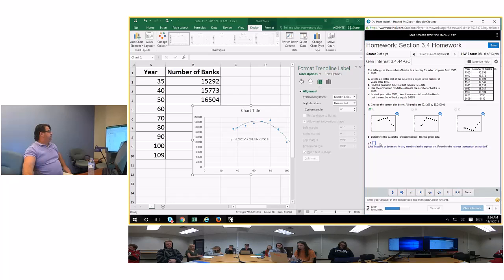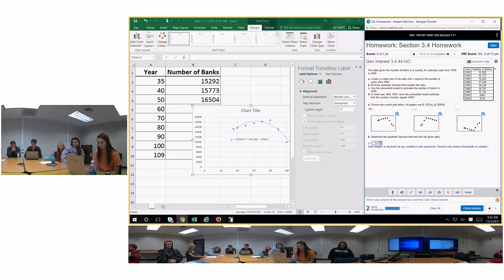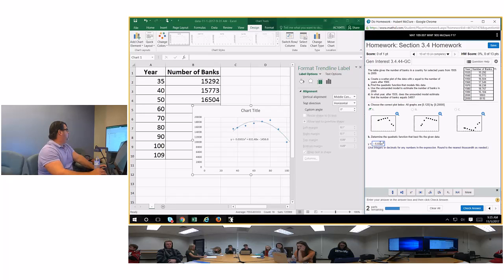So that's going to be negative 5.030 x raised to the second power plus 632.48x plus 1456.8. And enter.